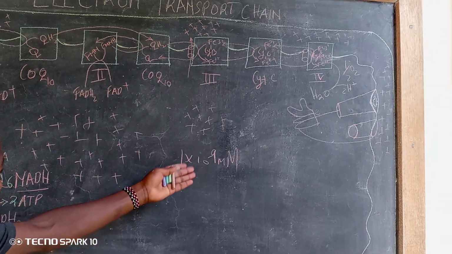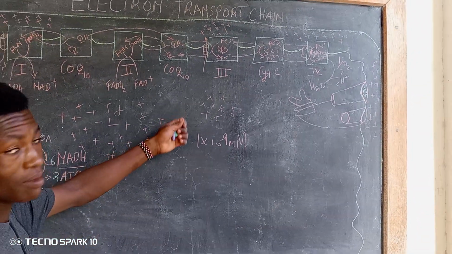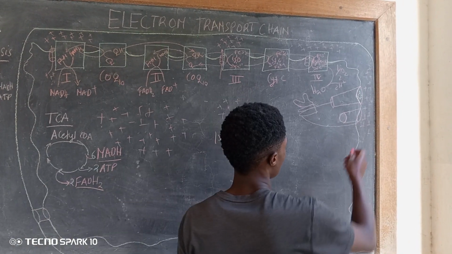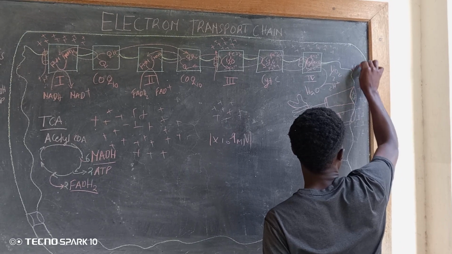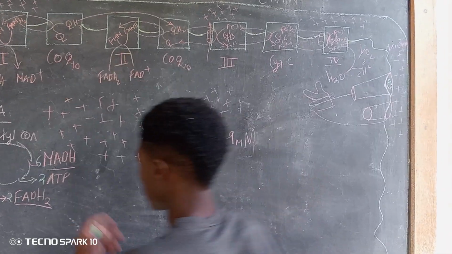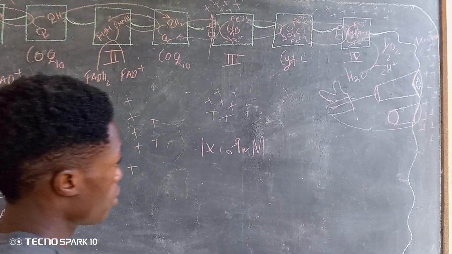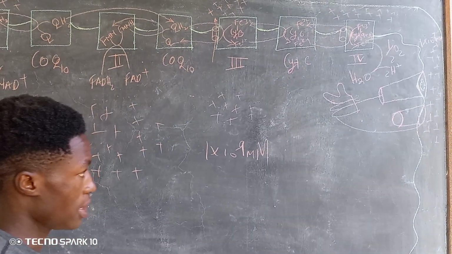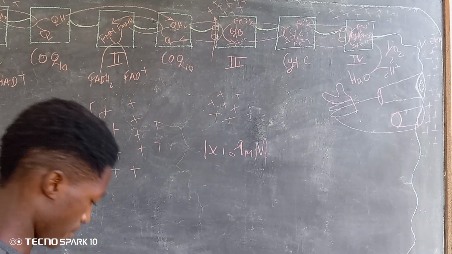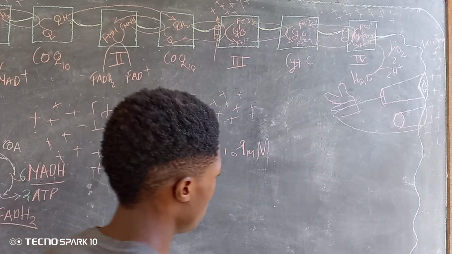Remember, we have different concentrations of protons inside the matrix and in the intermembrane space. Sometimes we can say there is about 1 times 10 to negative 7 millimolar. So you can see there's a concentration gradient that has been created. So we're going to take advantage of that so that we can generate energy. Now, we have complex 5, mostly called ATP synthase.